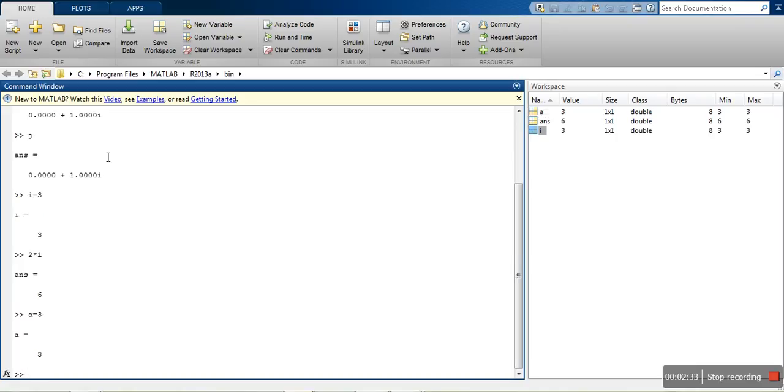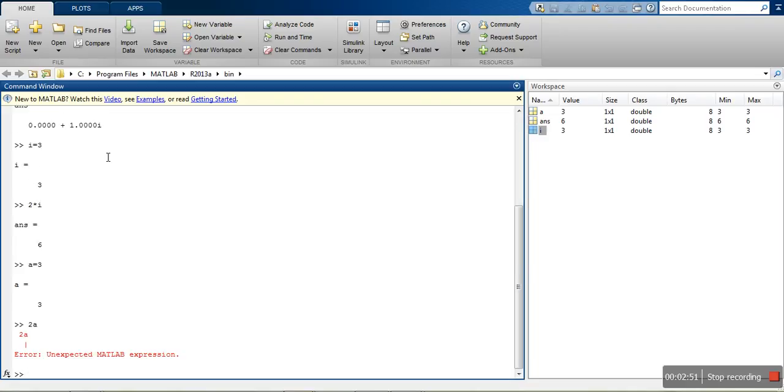Now what happens if we enter the expression 2 a, but we are not putting a multiplication sign here? Watch what it shows. It will show an error, because there must be a sign of operation which is required here.